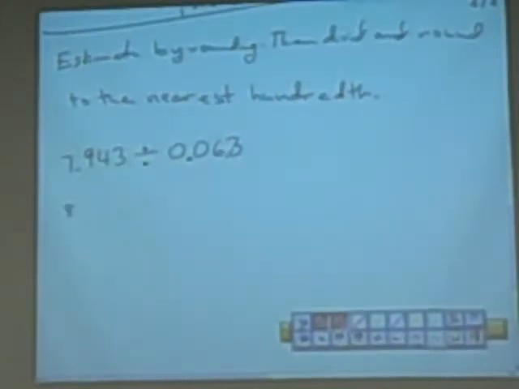And 0.063, we could say, all right, that's close. That's closest to 0.1.